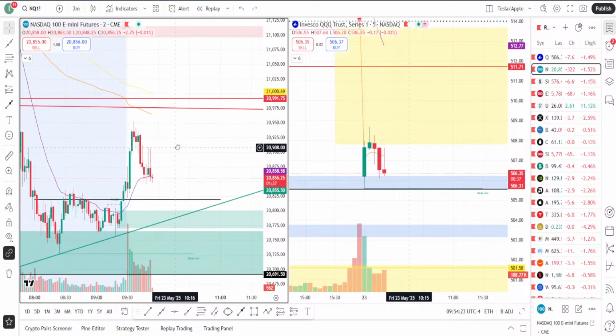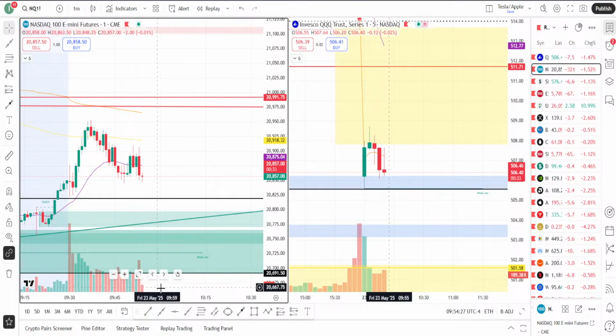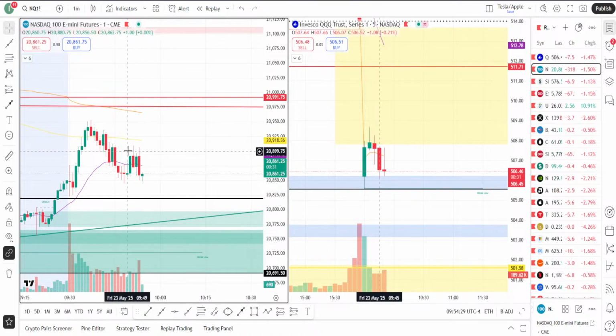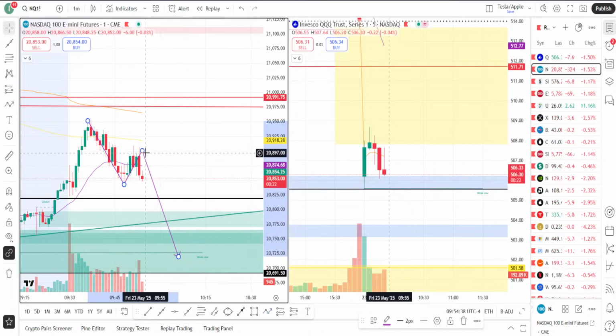Okay, so there's that lower high, right? This could be our lower high now.